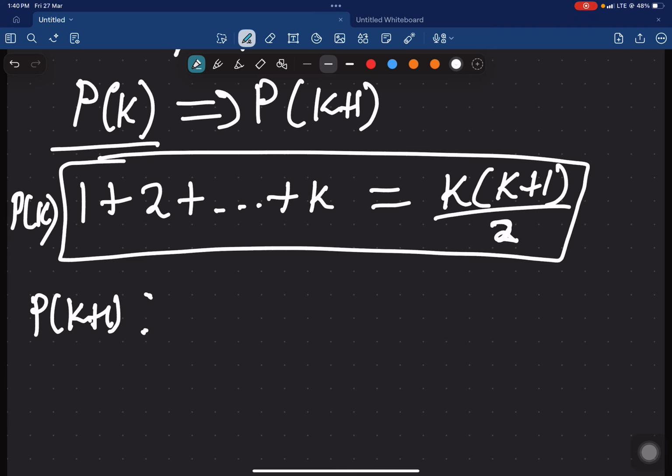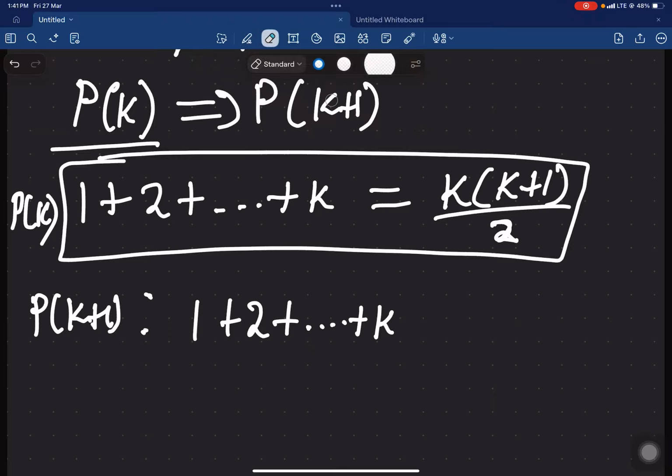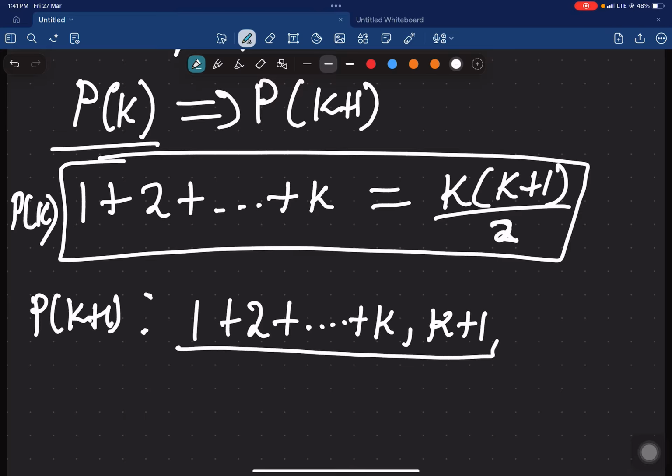will give us 1 plus 2 plus on up to k. Then what we are going to do is add k plus 1 to the equation, since k plus 1 is the last element. So let's try to prove this. We are going to expand this to get the target expression.